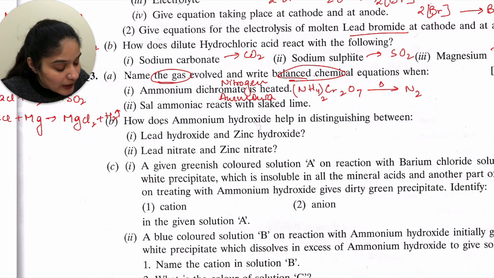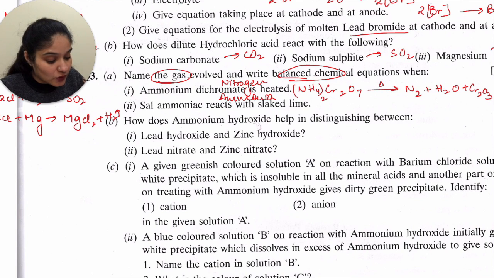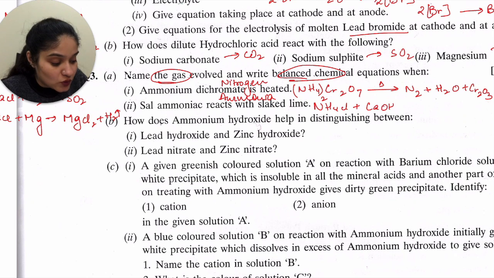Now let's look at the equation. I will get nitrogen plus water plus chromium oxide. So Cr2O3, that will be chromium oxide. Now, you have the ammoniac reacting with slaked lime. So that equation would be NH4Cl. What is slaked lime? That is Ca(OH)2.